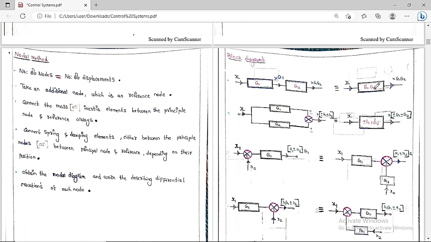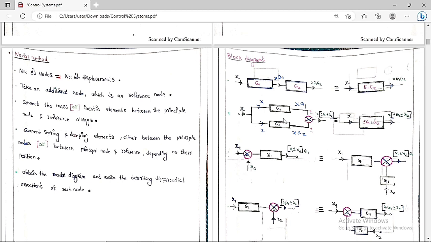Then suppose for this block diagram, see clearly, these two are connected in a parallel fashion. Then what is going to happen? Here the input is X, so here also X, here also X. The output here is X into G1, and here the output is X into G2. Here plus or minus, here plus or minus.